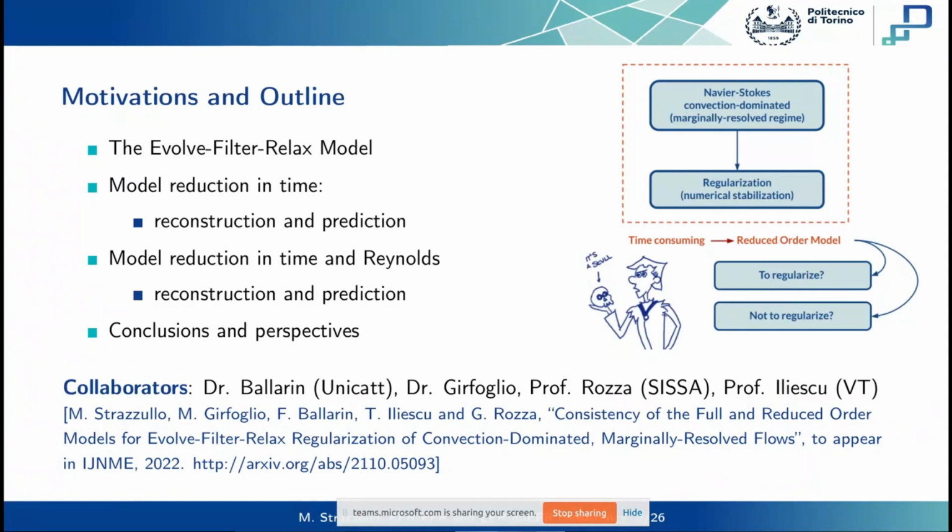So you can stabilize your model also at the reduced level, or you cannot stabilize your model at the reduced level, because actually the reduced order model is built from the full order model that is already stabilized. So it's a natural question to understand if you have to stabilize or not, and if stabilizing also at the reduced level is beneficial or not. So this is the topic of the talk. We focus on a very specific stabilization, the evolve, filter and relax model.